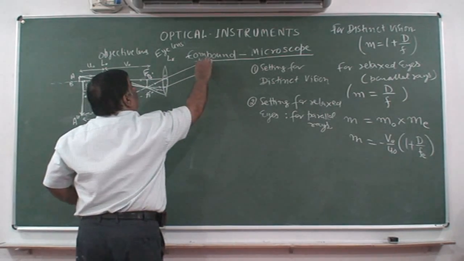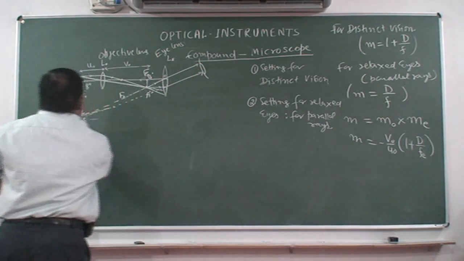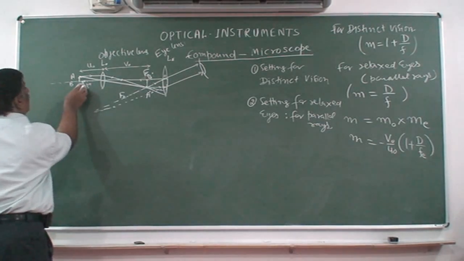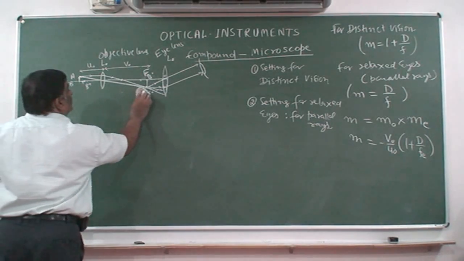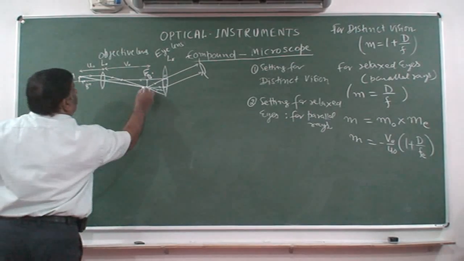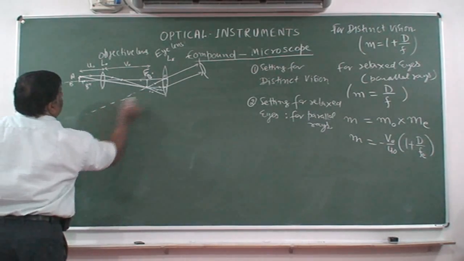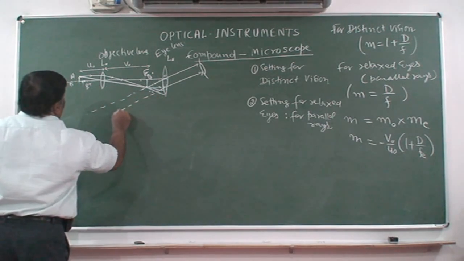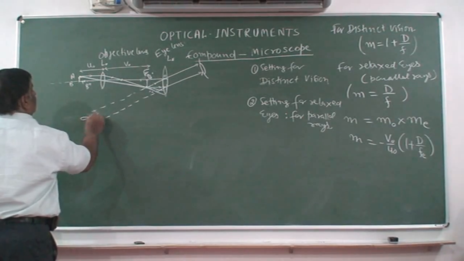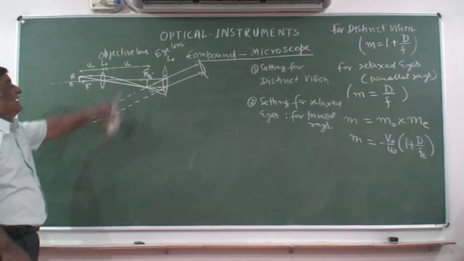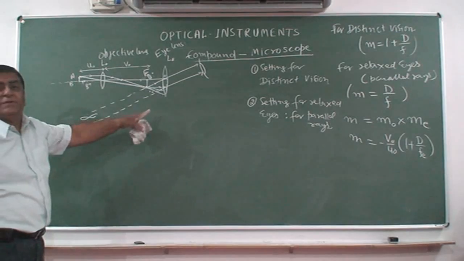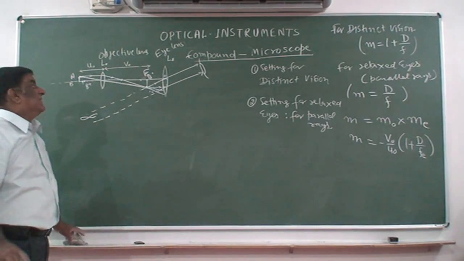They become parallel to each other. Now if they become parallel to each other, we are not able to see this image here. And these two rays, they are parallel to each other. Where will they meet? At infinity. Now this is the new diagram. So you make the complete diagram once again.